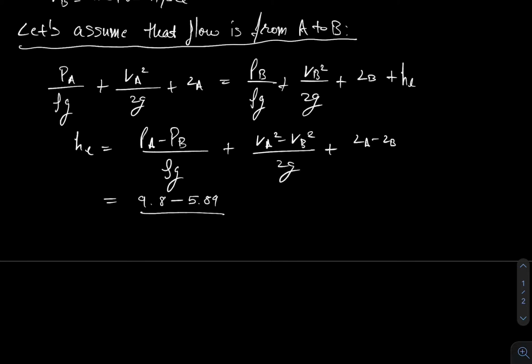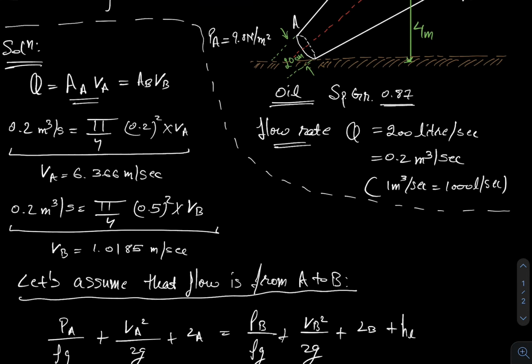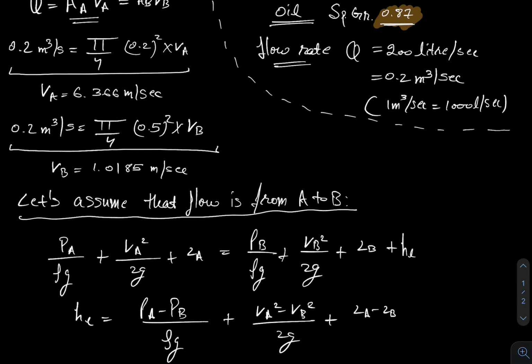Here we have to put the value of density. Keep this in mind that it isn't water that is flowing, it is oil of specific gravity 0.87, right? So many times we are so used to water that we put the value of density as 1000. Here the density of water is not to be put, we will use the value of oil.